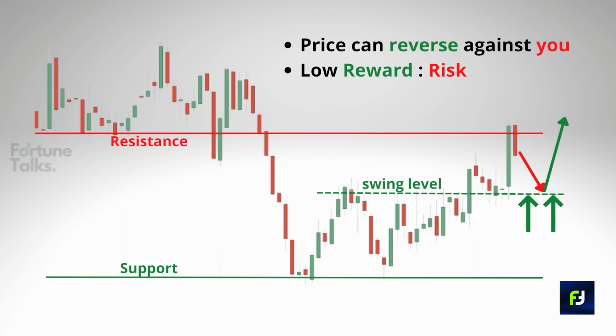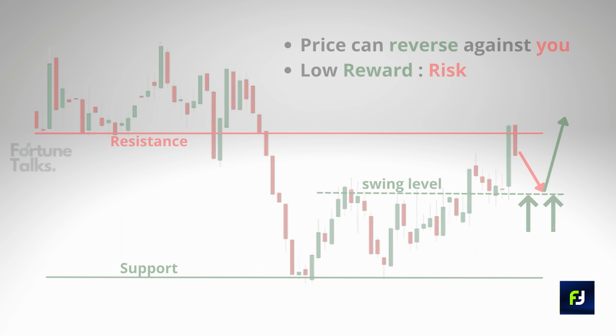That is exactly why you don't want to go short when there is a type of stair-stepping price action or a swing price action into your levels. The reason being, all these swing low levels are opposing pressures where the buyers could potentially come in and push the price against your trade.